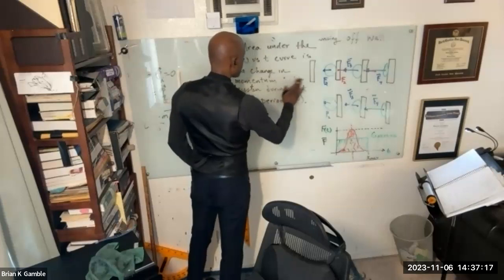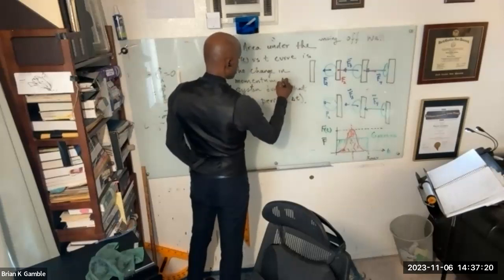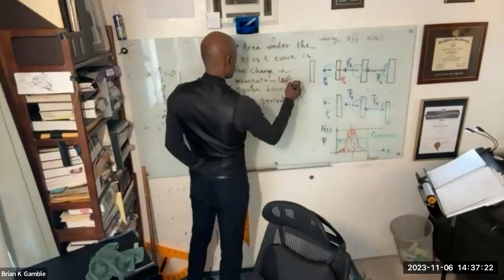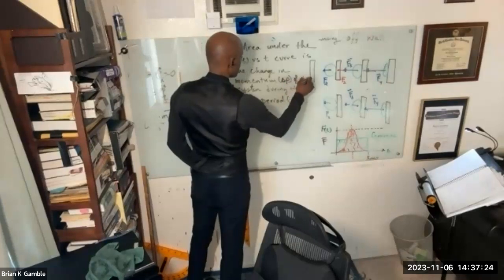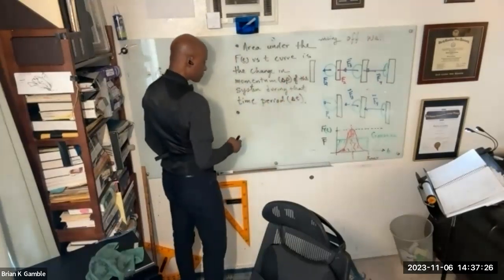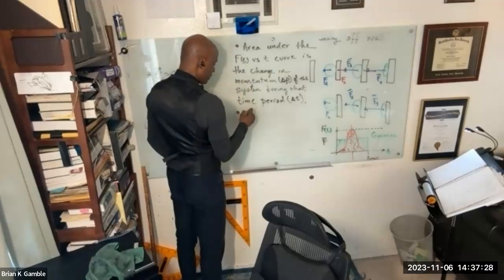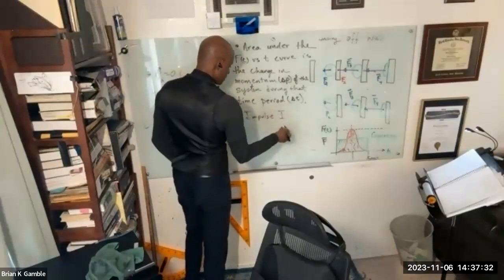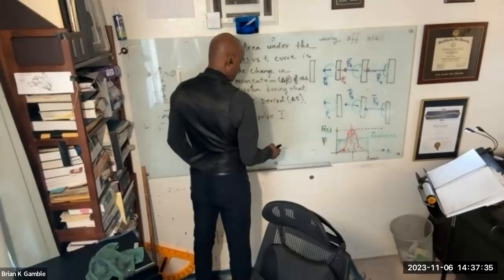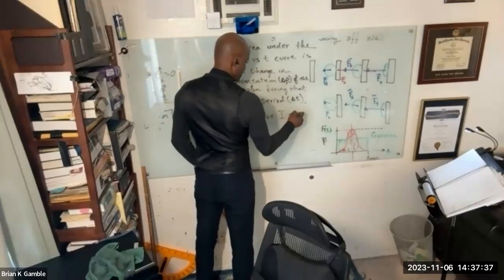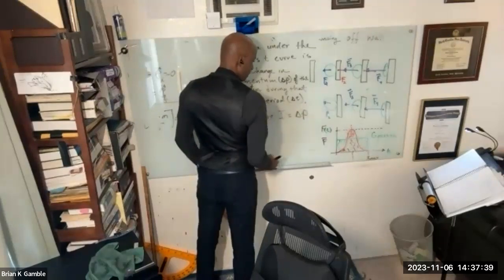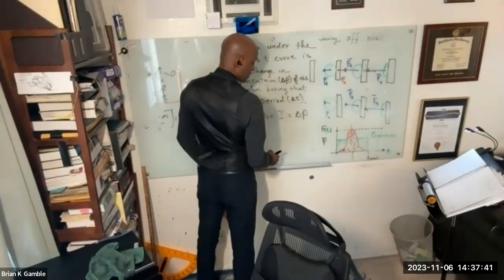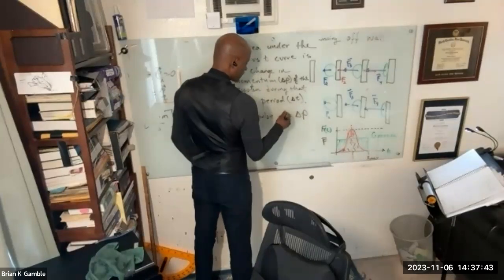The change in momentum is delta p. And so we can say that impulse, I, it's the symbol, is defined as the change in momentum. Well, I'm going to use J.